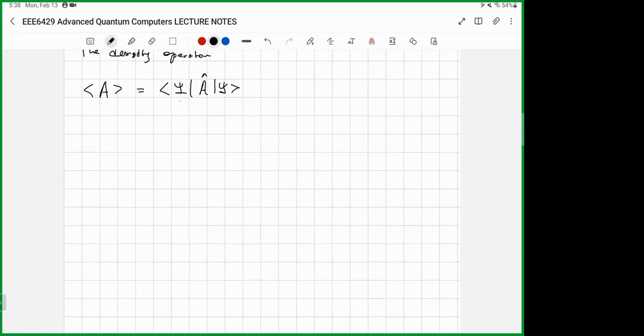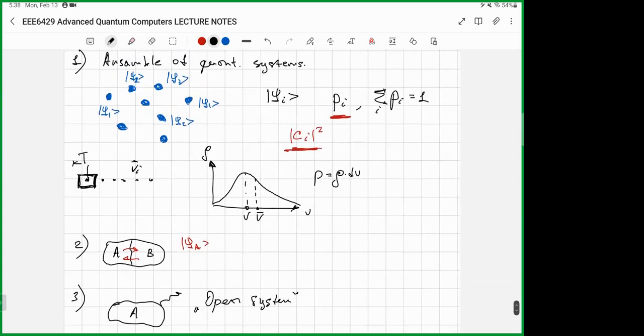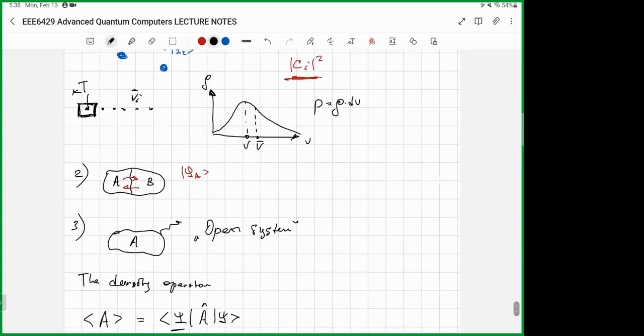Now, instead of just one psi, we have, like in this example, psi 1, psi 2, and other states in this ensemble of quantum systems, right?